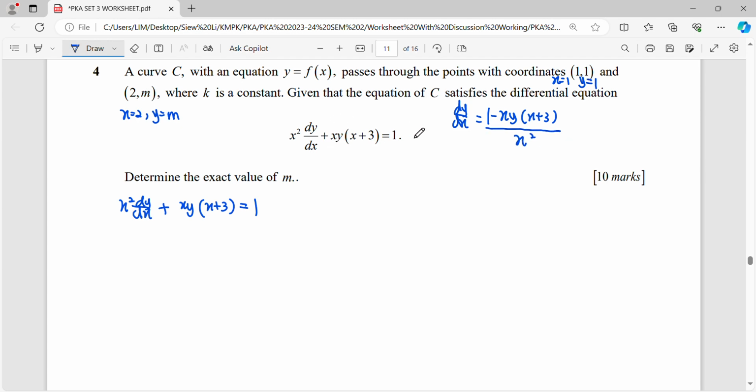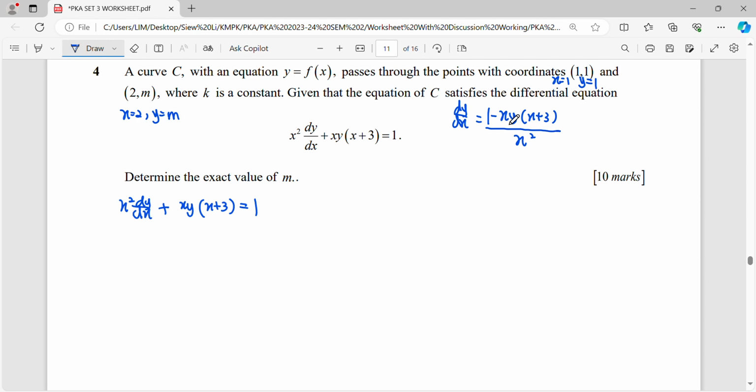You move back to the right hand side, then you see whether it can factorize or not. If it can factorize, it means the separable method. If you cannot factorize, you will use the IF method. So try to see whether your y can be factorized or not. Cannot. So your x and y are mixed together. It cannot factorize out, so it cannot separate.